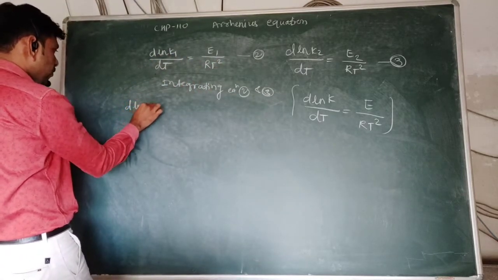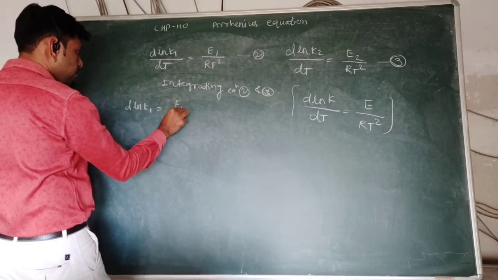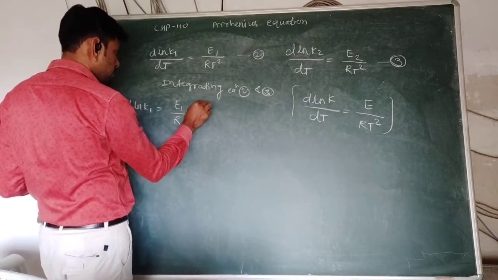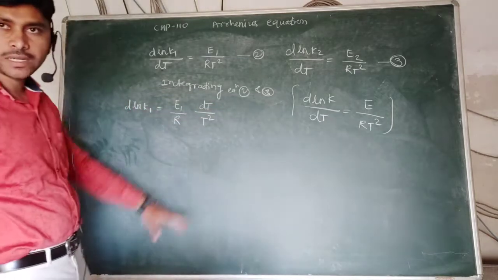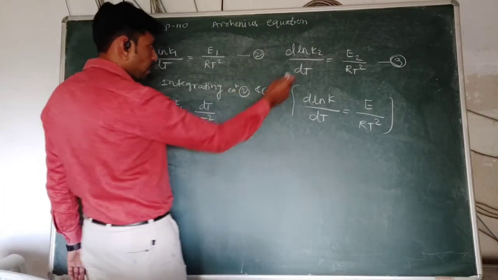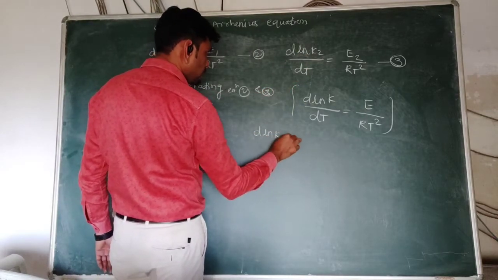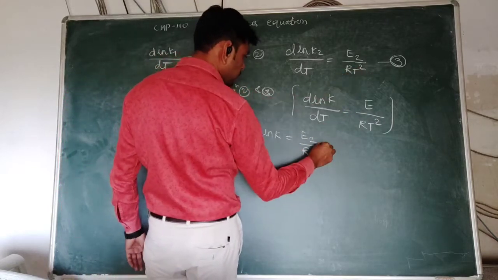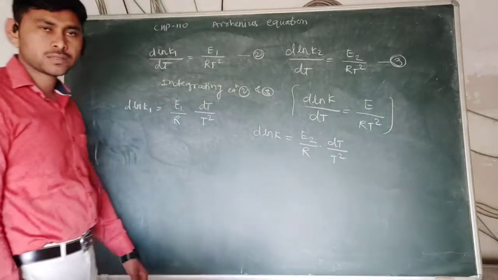So d ln k1 equal to E1 upon R, which is a constant term, times dt upon t square, with the same variables taken on the same side. Equation number 2 is written in this format. Equation number 3: d ln k2 equal to E2 upon R, these are constant terms, times dt upon t square.